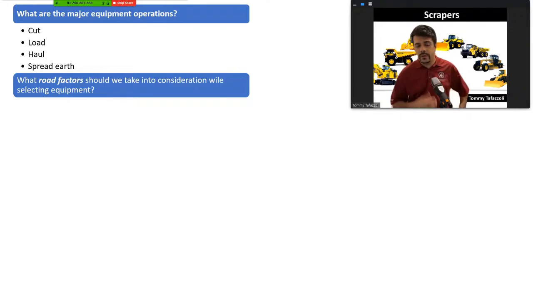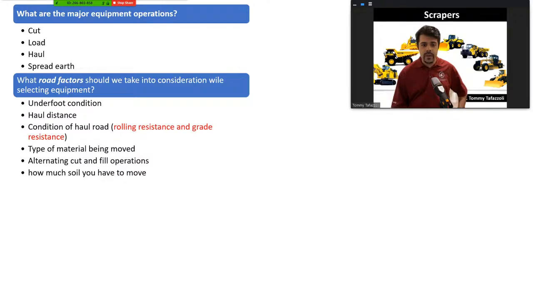Now, what are some of the road factors we need to take into consideration? Underfoot condition, obviously. Depending on the surface condition, the choice of equipment could be impacted. Haul distance: for long distances you would go with a truck, for shorter distances you would use other haulers such as scrapers.